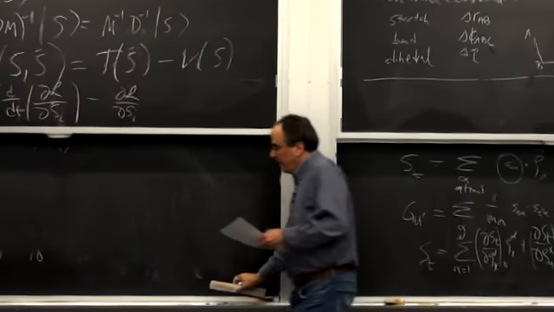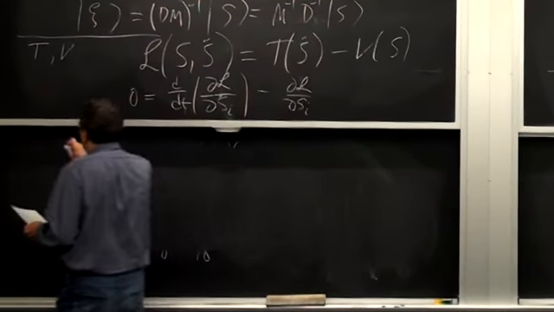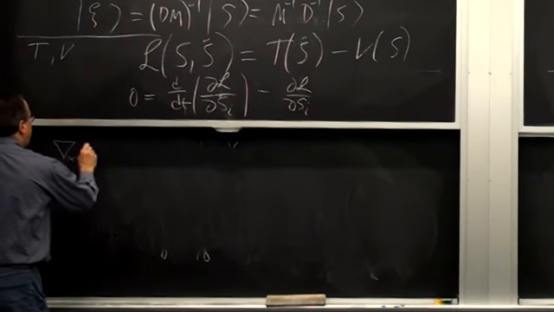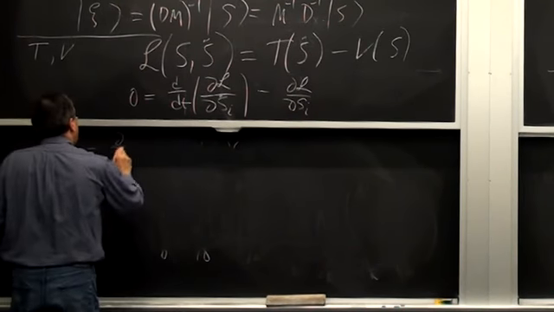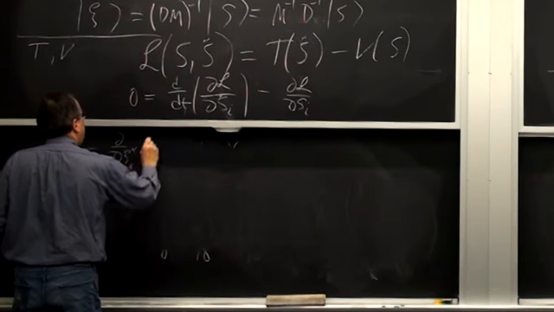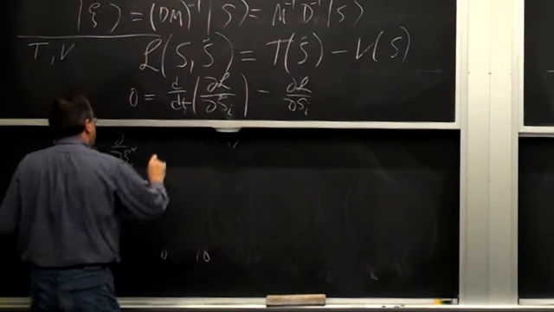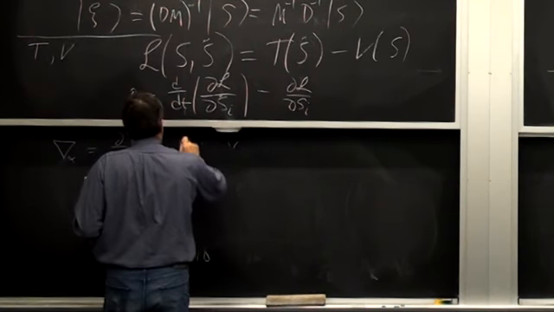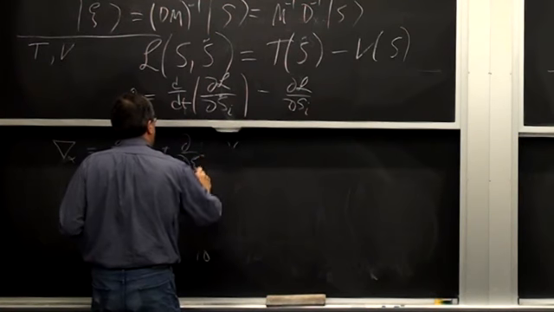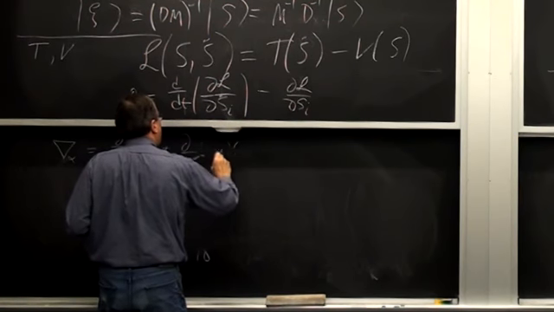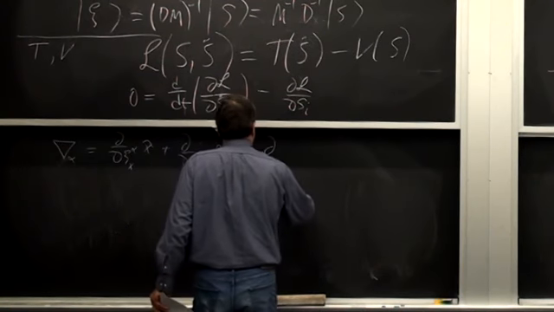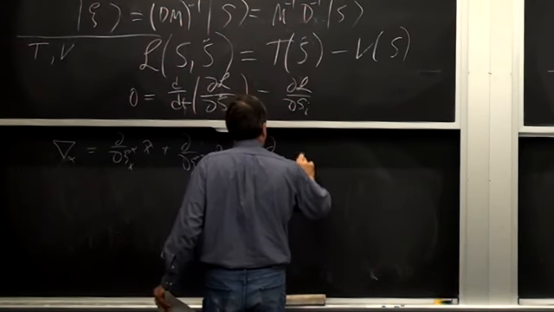So we write the gradient for the motion of the alpha atom as partial d psi x alpha unit vector x, plus partial d psi y alpha unit vector y, plus partial d psi z alpha unit vector z.